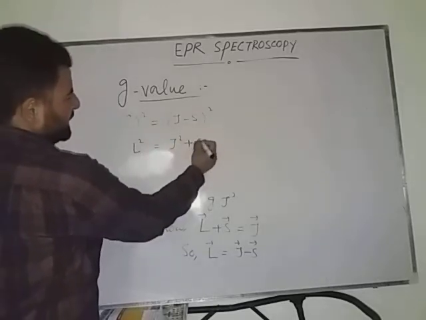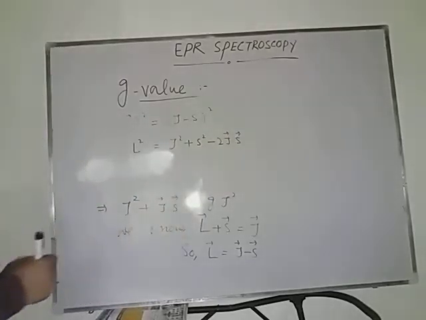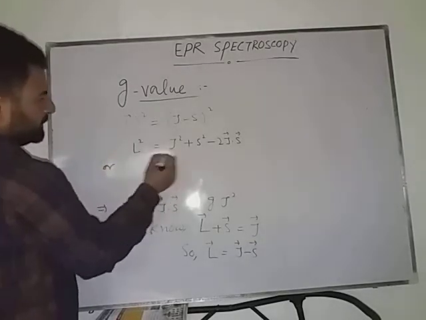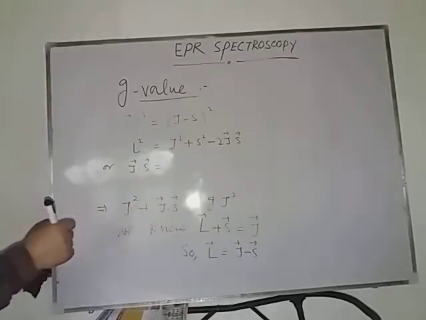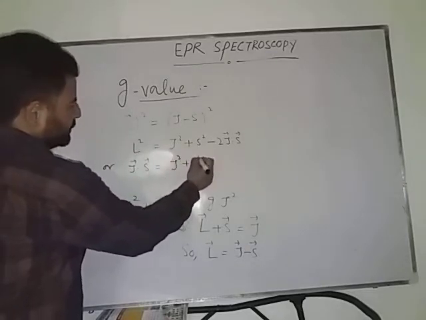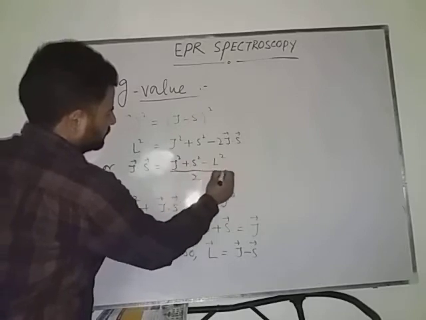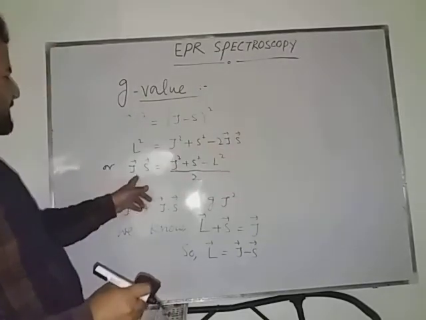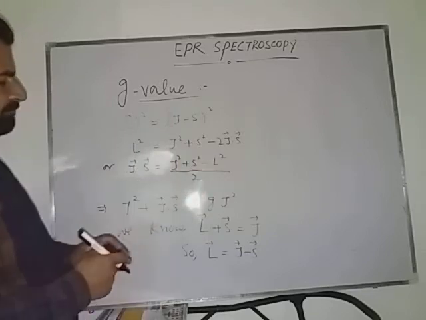From here we can write J dot S is equal to J square plus S square minus L square, divided by 2.